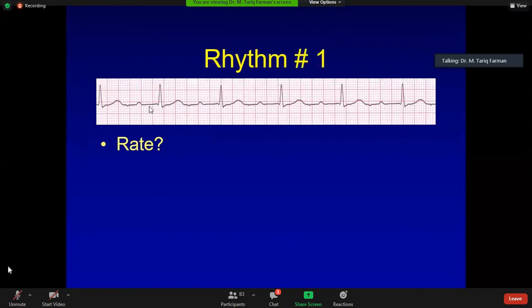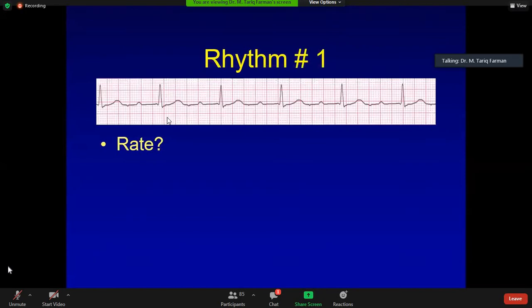And then this is followed by QRS complex. The PR interval is prolonged and it is fixed. It's not changing. If you count, it's 11 here, and then again 11 here, then 11 here, so 11. The PR interval is prolonged and it is fixed.